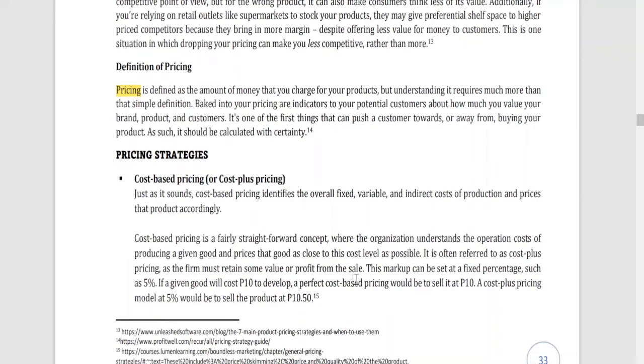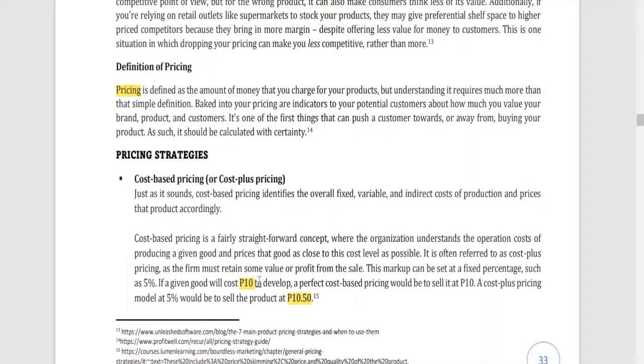So for example, you have set your markup to be 5%, then you're adding 5% to its cost. If it costs 10 pesos, you would compute 5% of 10 pesos and add that to your 10 pesos. So you will come up with a selling price of 10 pesos and 50 centavos.